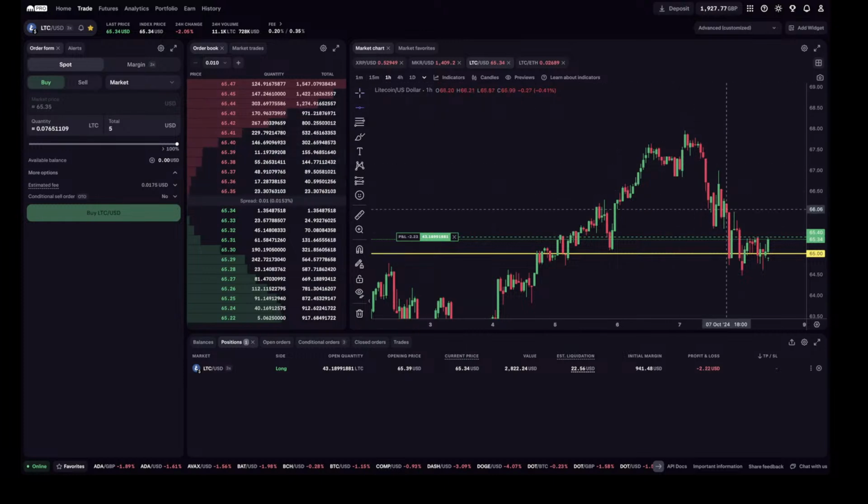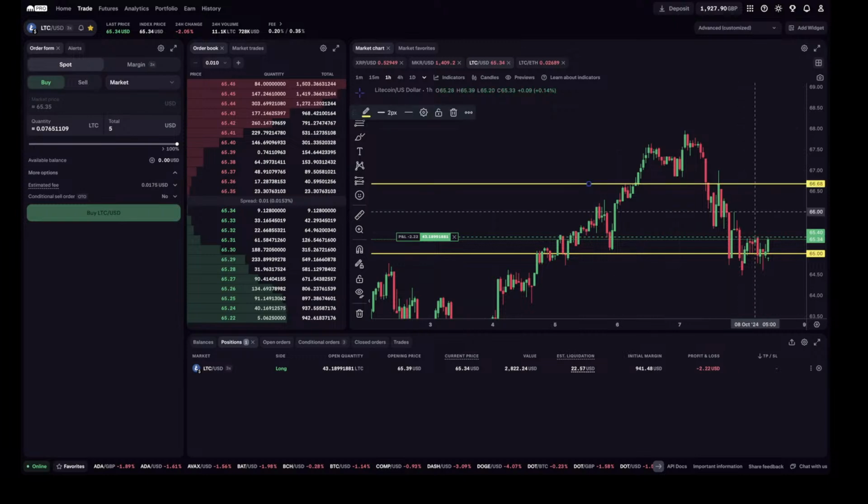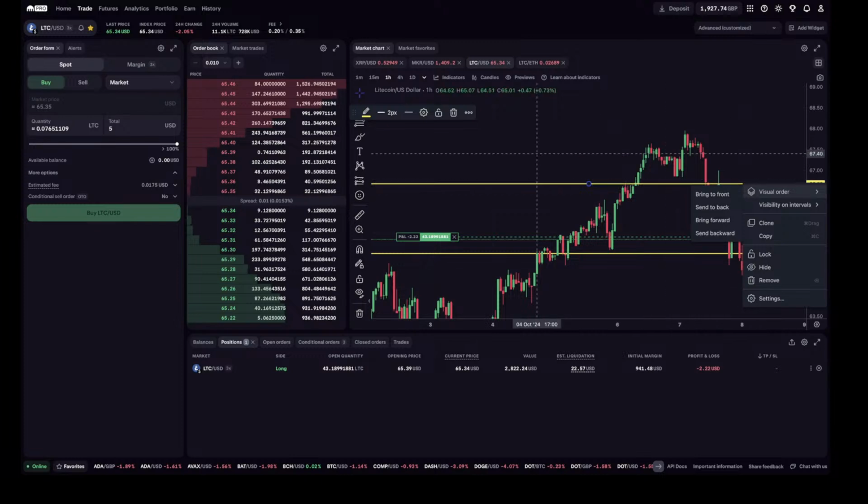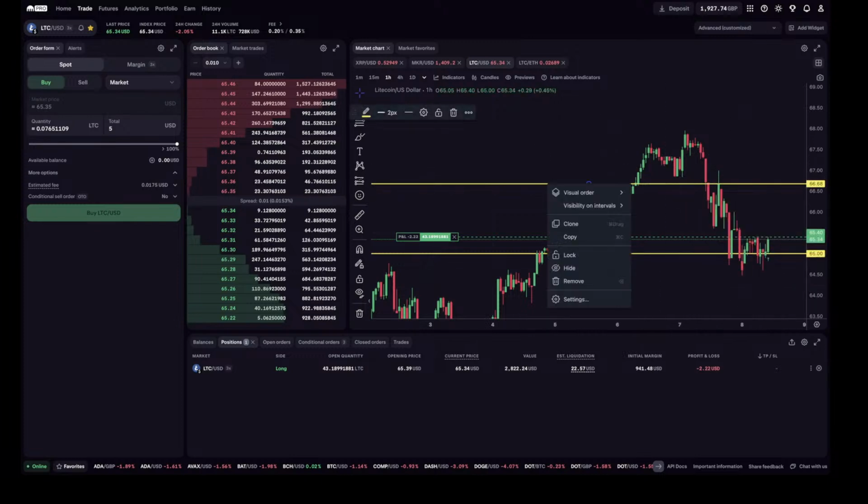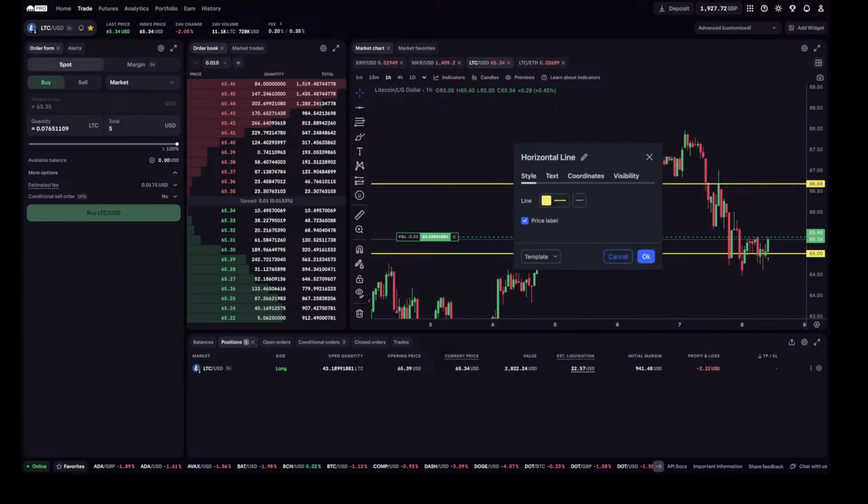I'm going to place that at really the high point of this bar here, so let's go down to the close of that bar. So 66.68 is the take profit for that particular trade. I'll put that in the comments of this trade.